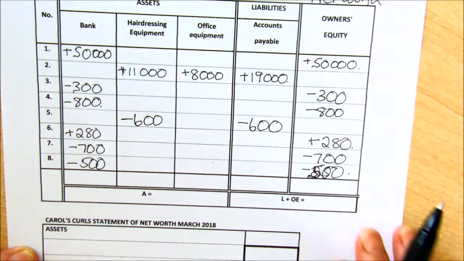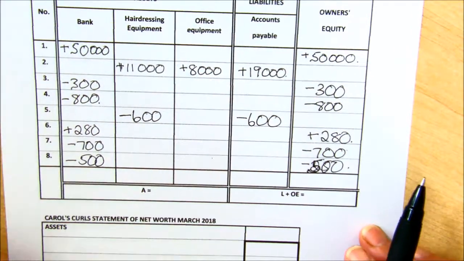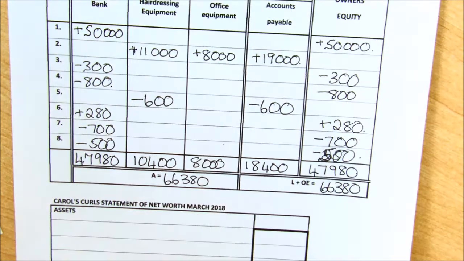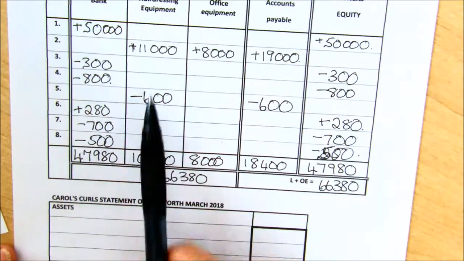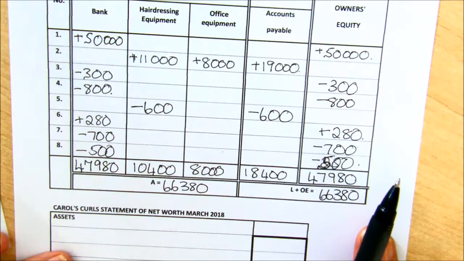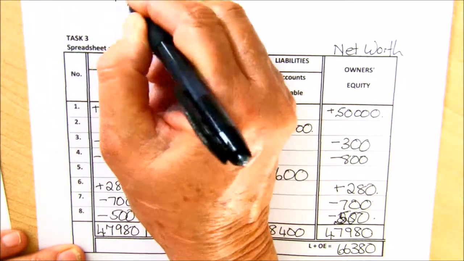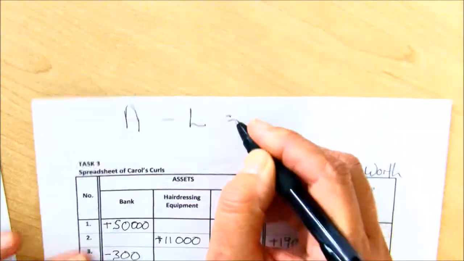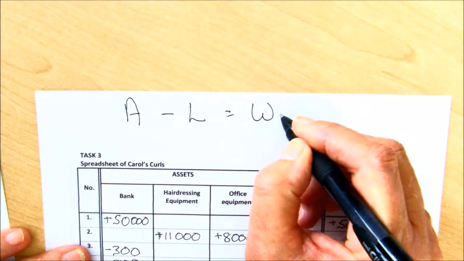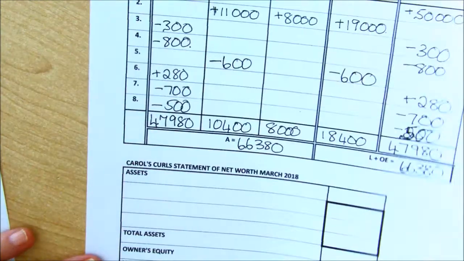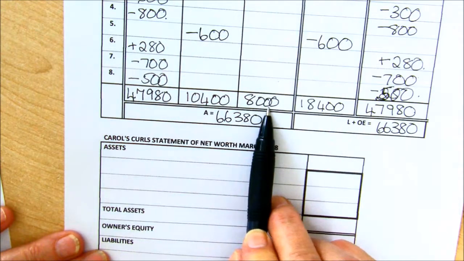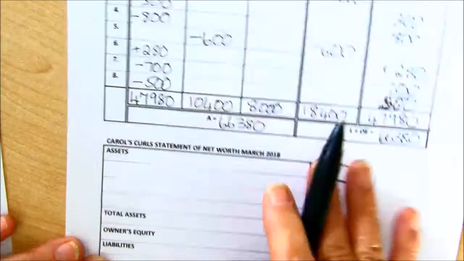Now, can you take your calculator and just add this up for me, and then I'll explain this final bit to you. And so if you add up the columns over there, what is important is, let's go back to our accounting equation. Remember, our assets minus our liabilities equals our worth. So our assets added up there to 66,380.